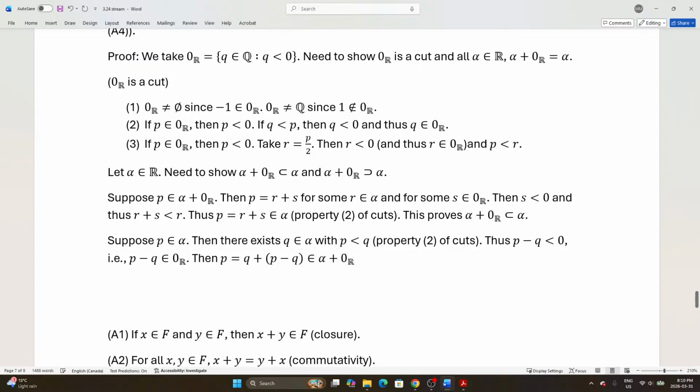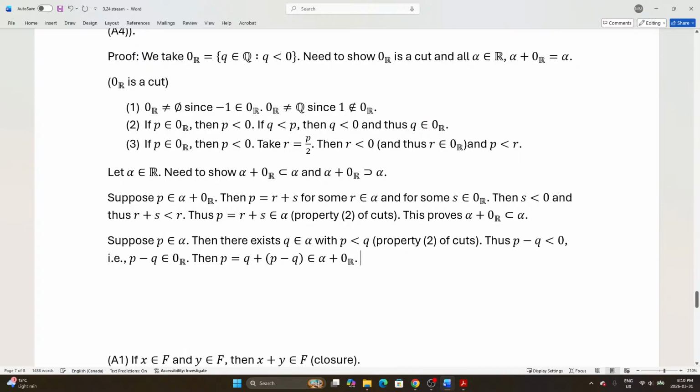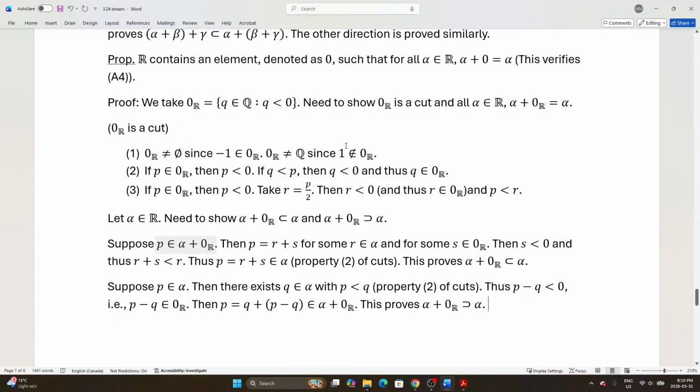That's the second direction done. This proves the other direction. All right, that's everything finished for this proposition. QED.